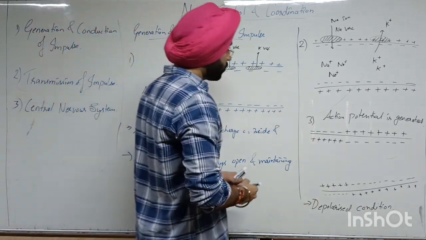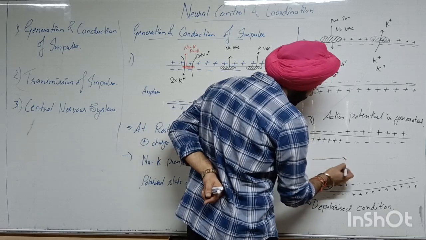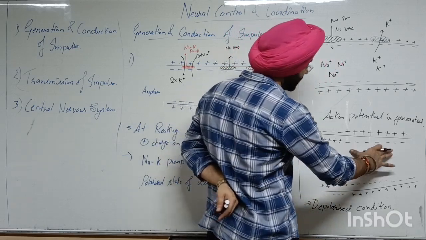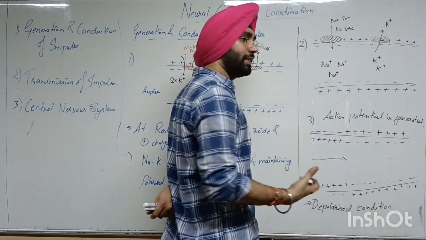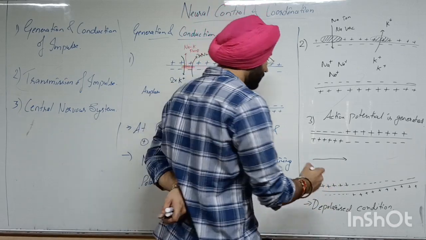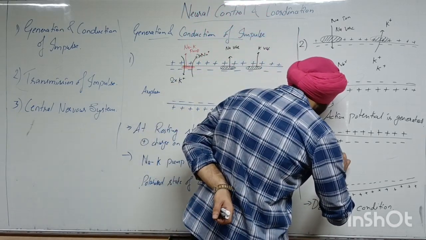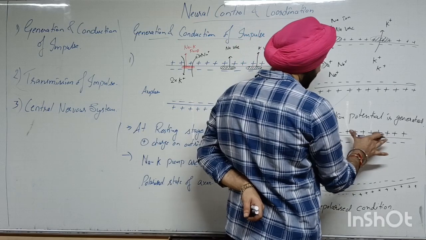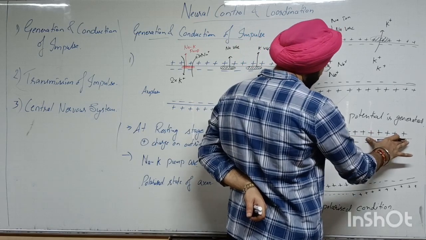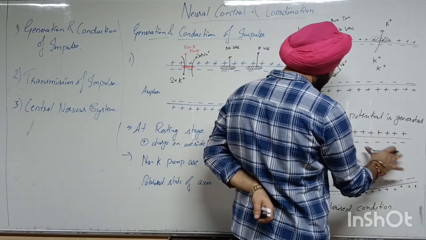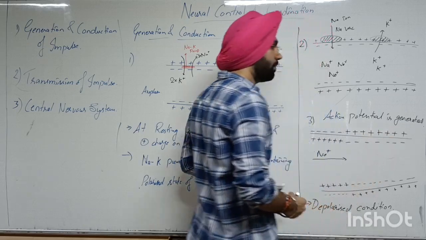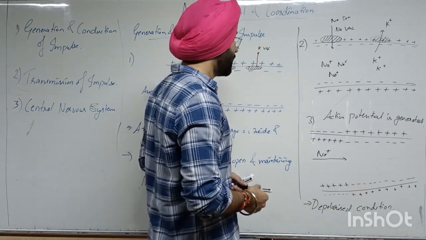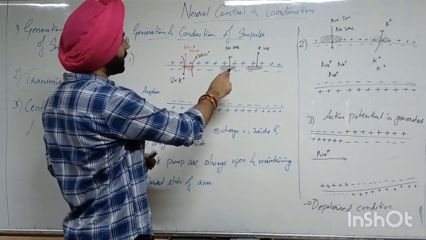So now the action potential has moved this much, and now this next part has to be covered, because that is the conduction of the action potential. So now sodium is getting inside, and at this part of the axon you can see there are also sodium and potassium voltage gated channels doing the same thing.